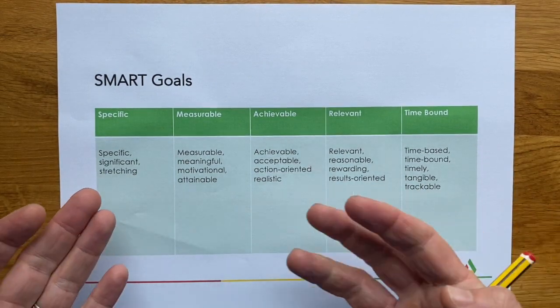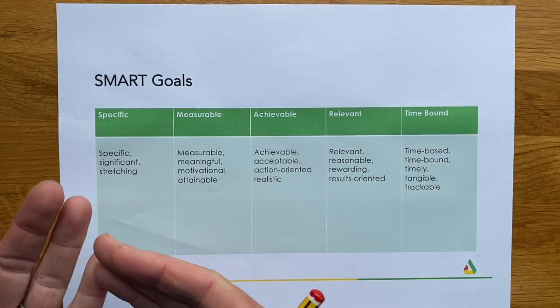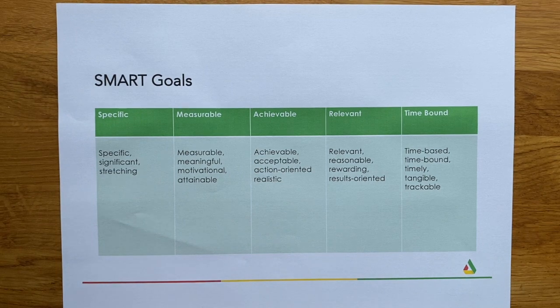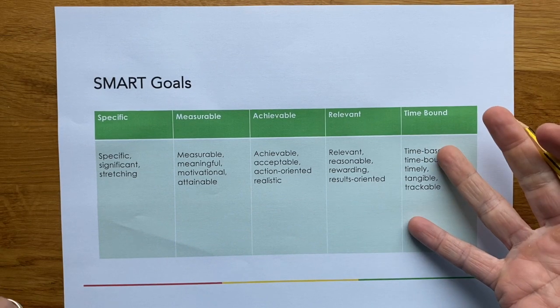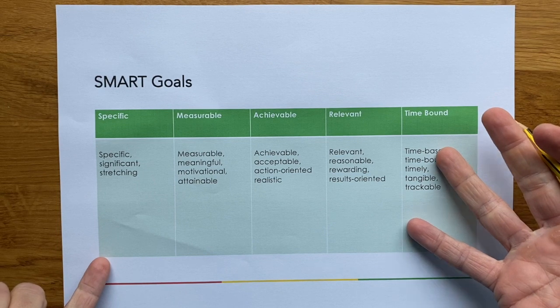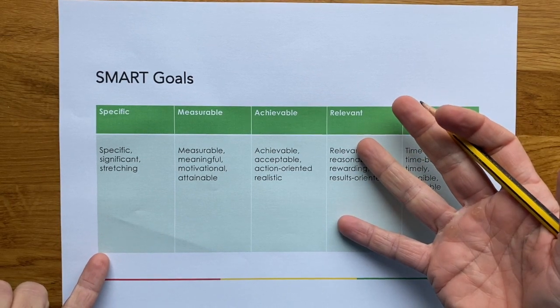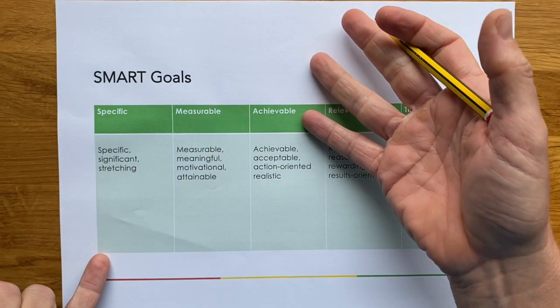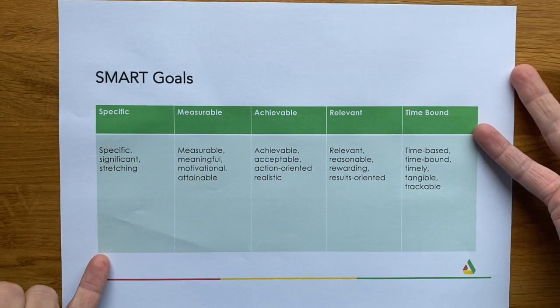So be specific. I would like to talk to 3 people by Tuesday next week, and I'm going to ask them these questions to find out a bit more information. It's time bound because you've said it's going to happen Tuesday next week. It's relevant because it relates to moving from where you are at the moment to the job that you're interested in pursuing.